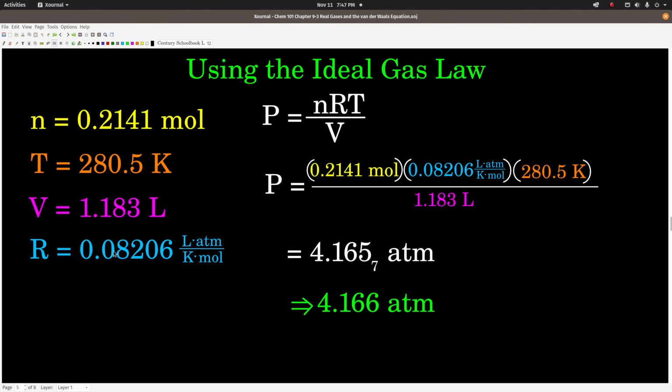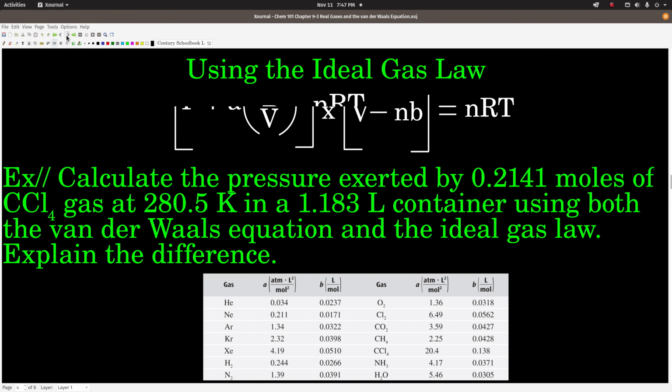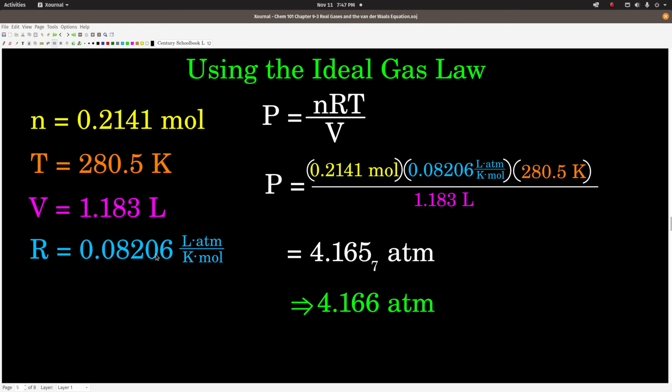The one that has atmospheres in it, 0.08206 liter atmospheres per Kelvin mole, because if we go back and look at the van der Waals constants, the A constant has atmospheres in there. You can calculate or look up these constants where this is in torr, but they're going to have a different value. So the ones we use have atmospheres, so we're going to use atmospheres for our pressure, which means we use this value of R.